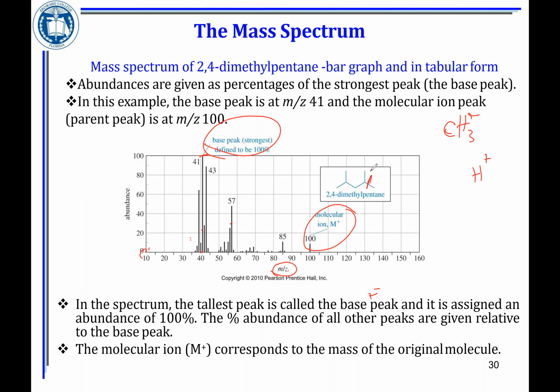So if this piece makes it to the detector, that's 85. If it's cut through here, then this piece would make it, and you get like a 57. If this cut is through here, this part is going to make it to the detector, and that is a 43, and so on. So each one is the mass of a fragment. The last one is the molecular ion, and the longest one is the base peak.